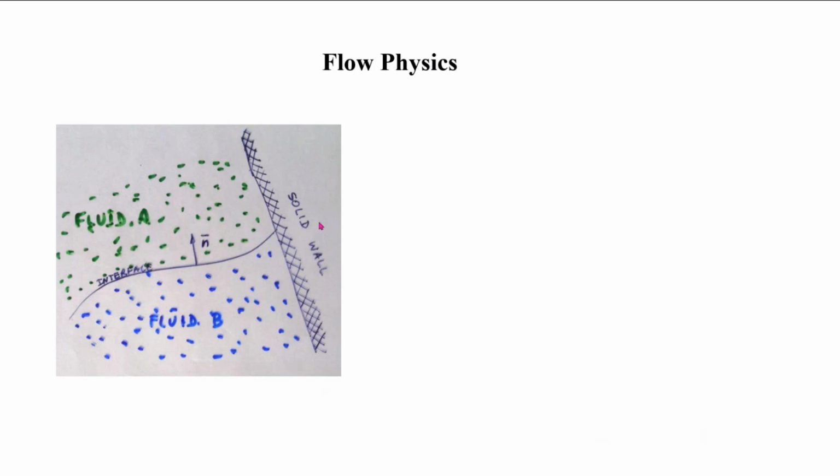And then I have a solid wall, which also can be moving, or the movement can be prescribed, or I may have some form of flutter where movement of this wall is caused by dynamics or by movement of the fluid. So the problem that we have is that we have moving interfaces and we don't know where these interfaces are.